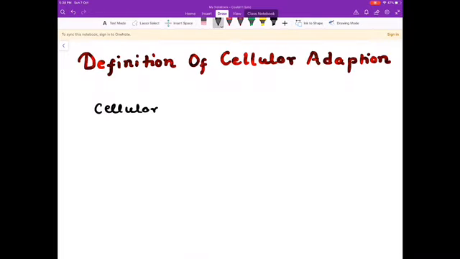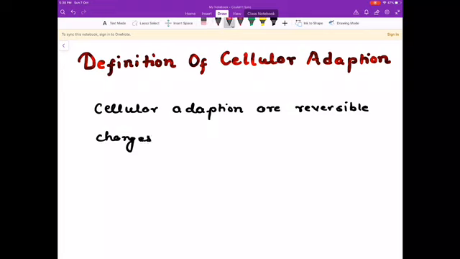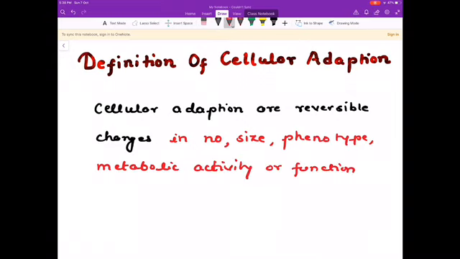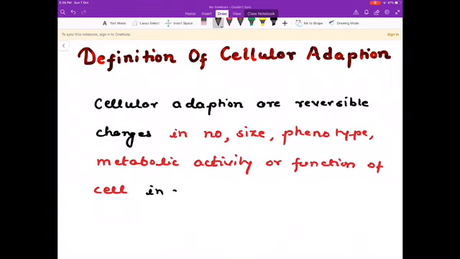When we talk about definition, remember we have to be specific. We'll talk in terms of Robbins 10th edition only, which says cellular adaptation are reversible changes in number, size, phenotype, metabolic activity or function of the cell in response to change in the environment.